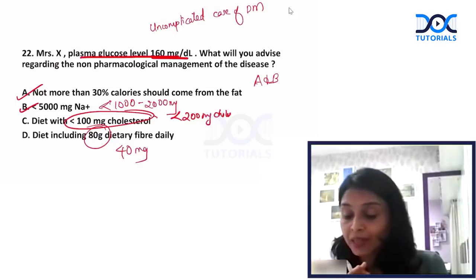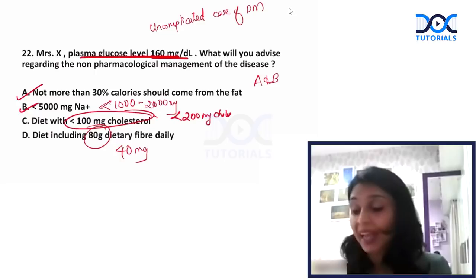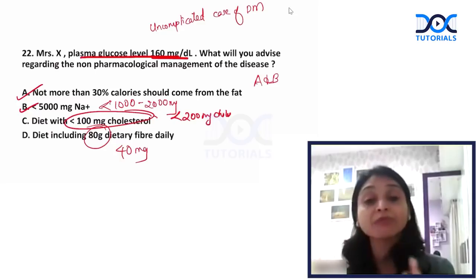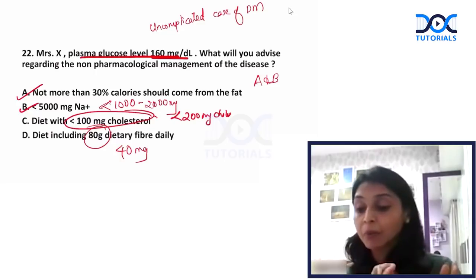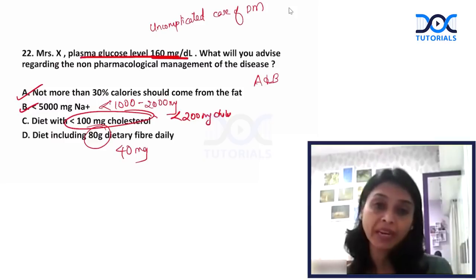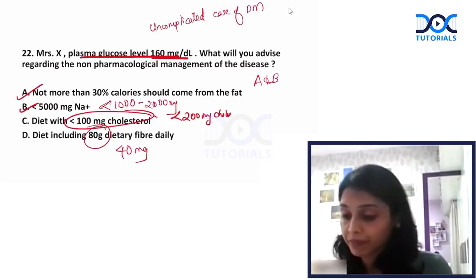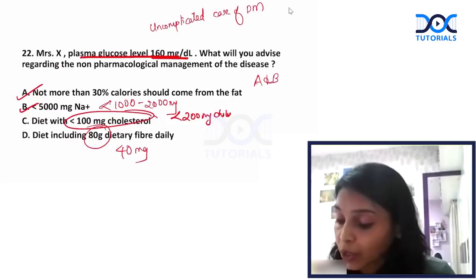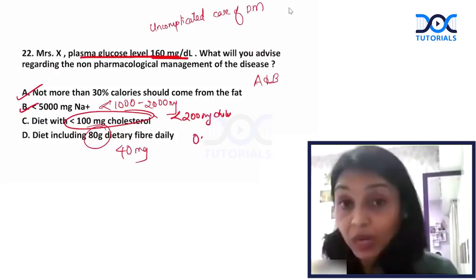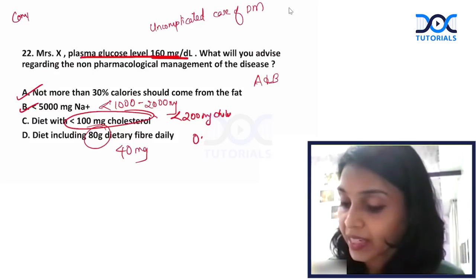Okay. What was I telling actually? If it is a case of complicated, then you have to reduce the sodium intake to between 1000 to 2000 milligram. You have to keep it between 1000 to 2000 milligram. And another thing is protein. Now I'm coming to complicated.